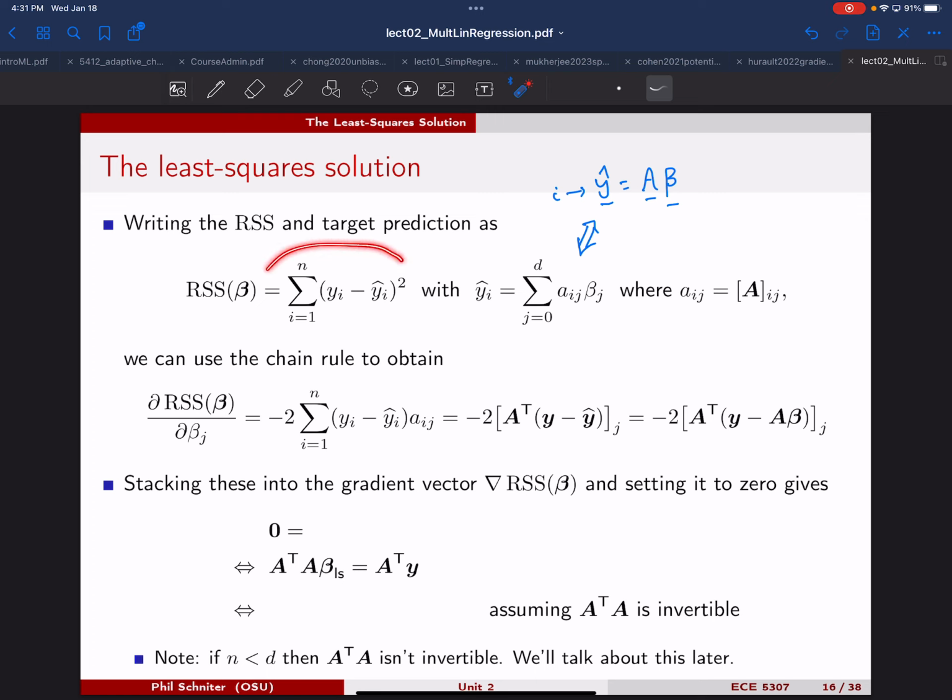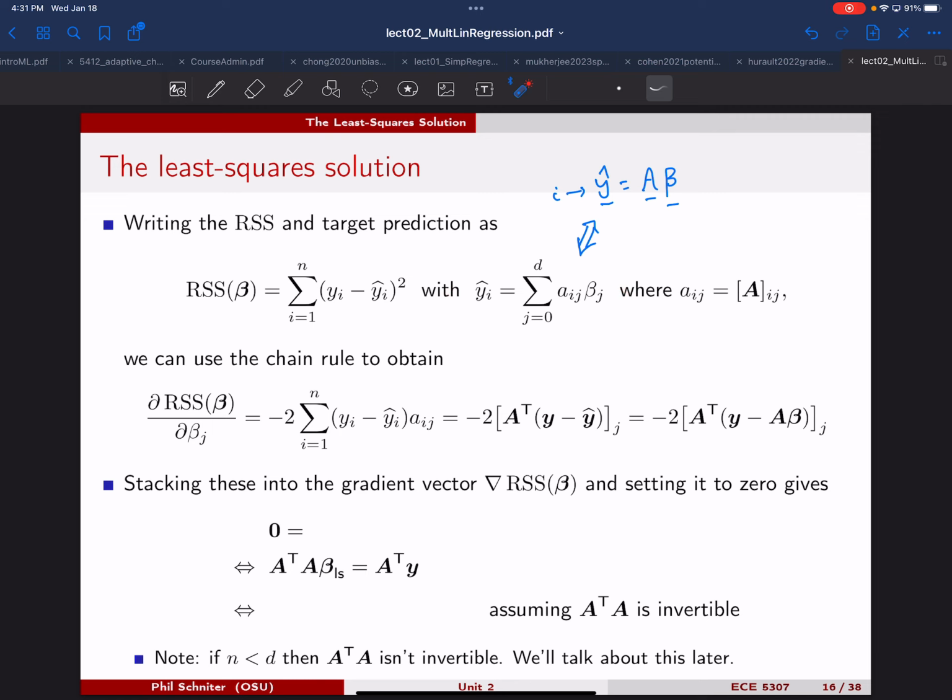So when I differentiate this, the first thing I can do is move my partial derivative through the sum and apply the partial derivative to this. Then I need to use the chain rule. I'm going to get 2 times this times the partial derivative of this with respect to beta j. It's this guy that has the beta j dependence, and that's this.